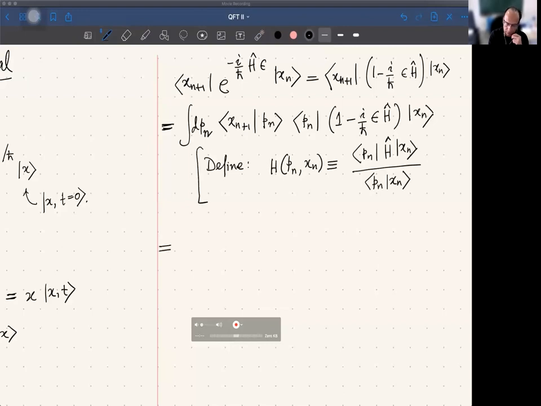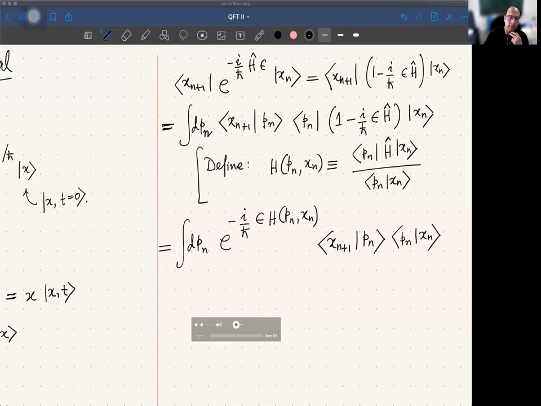Then using this you could write the entire result as the integral dp_n e to the power minus i by h bar epsilon H(p_n, x_n), overlap of x_{n+1} with p_n, overlap of p_n with x_n. Now you can use the standard expression of this overlap, which is 1 over square root 2 pi h bar times the phase e to the power minus i p_n x_n over h bar.